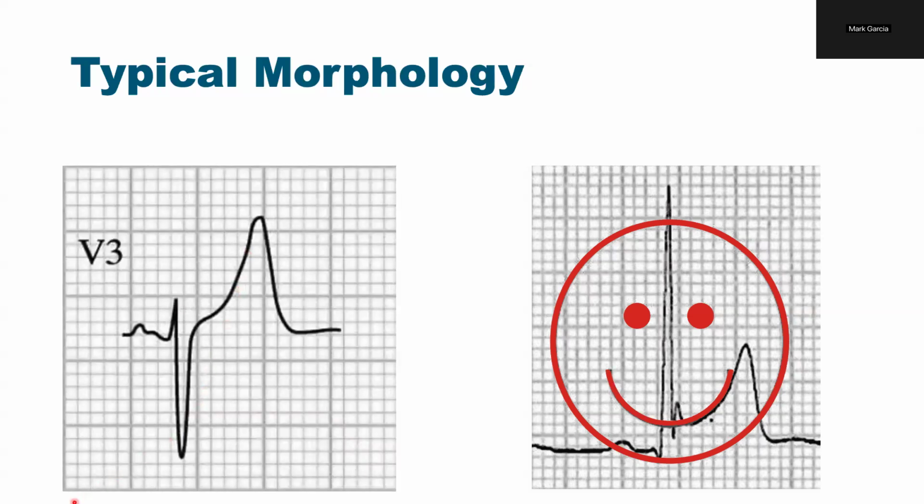So as opposed to an ST elevation that is, I guess, convex, or you'd also worry about ST elevation that's also straight, that goes straight across. A smiley face makes me much happier. Okay.